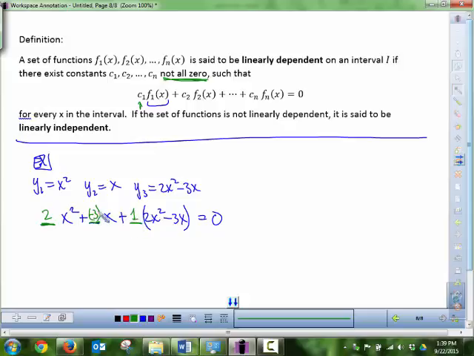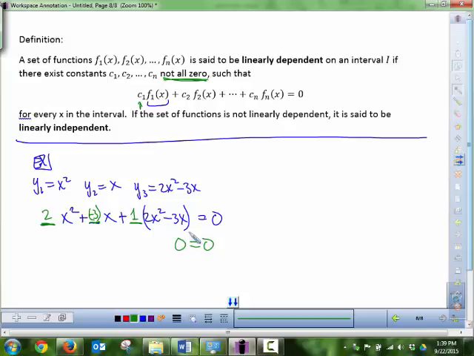So if I multiply the first one by 2, the second one by -3, and the third one by 1, and you distribute, lift parentheses, and simplify, this would in fact equal 0.